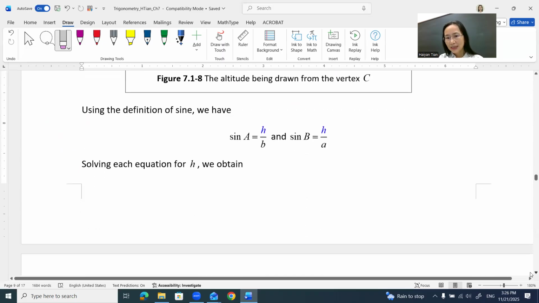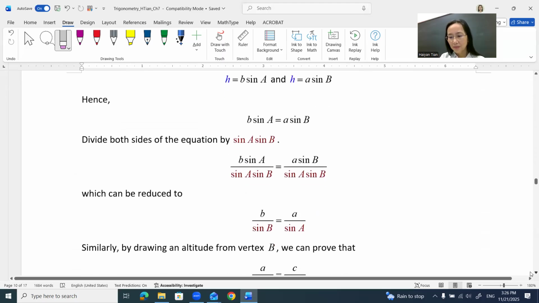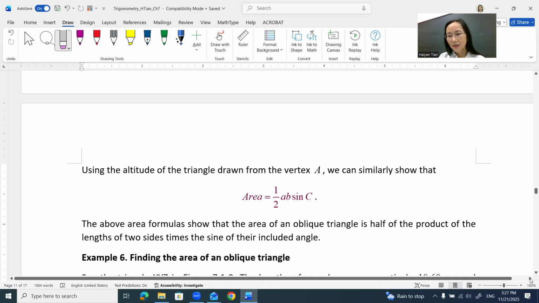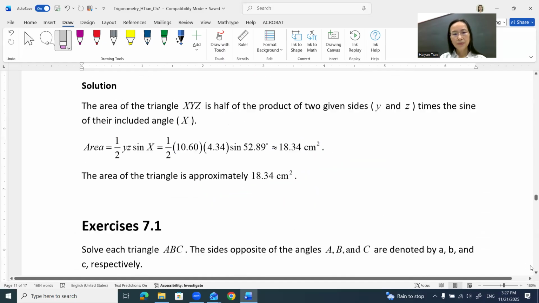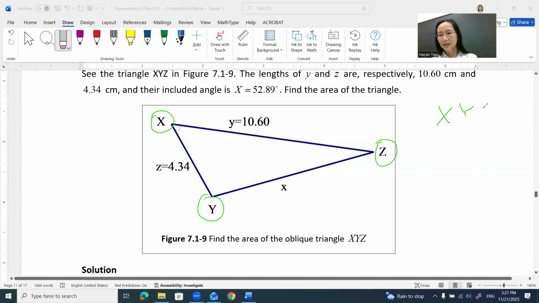And this triangle is just a general case triangle. So let's see how we can use it. Here is an example. The triangle is called XYZ. I just use the vertices of the triangle.